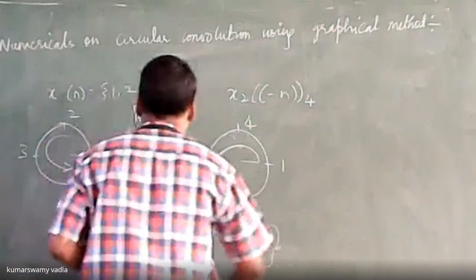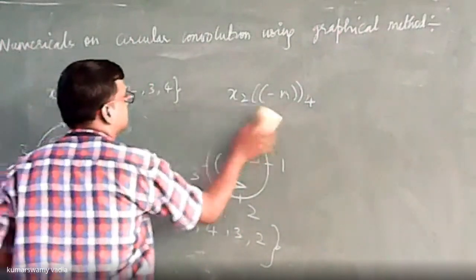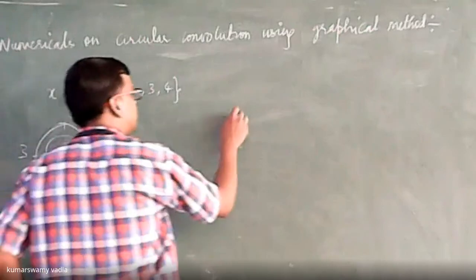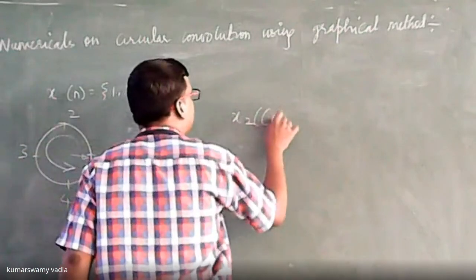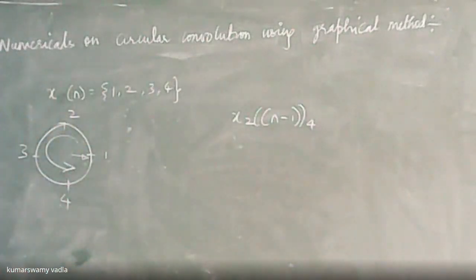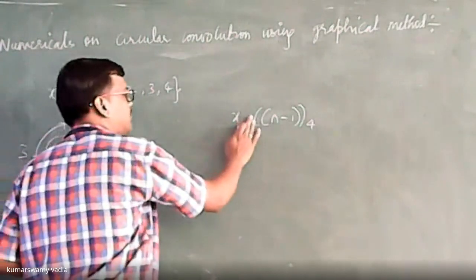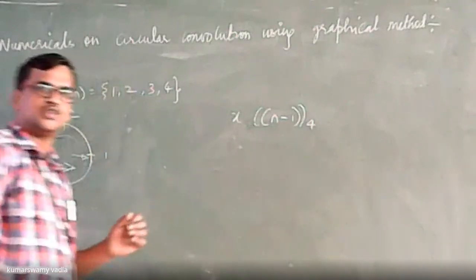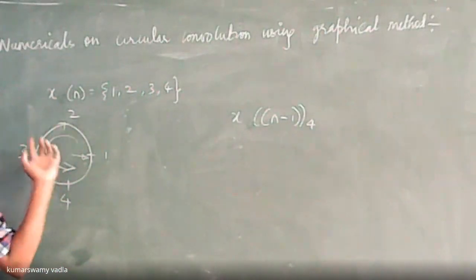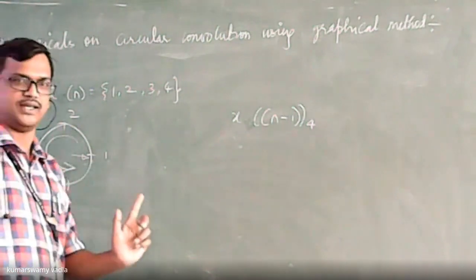Is the point clear here, students? Yes, sir. And one more thing. Having this knowledge, I told you about how to get x of n minus 1 modulo 4. So what will you do? This sequence, you should rotate anti-clockwise by 1 place.